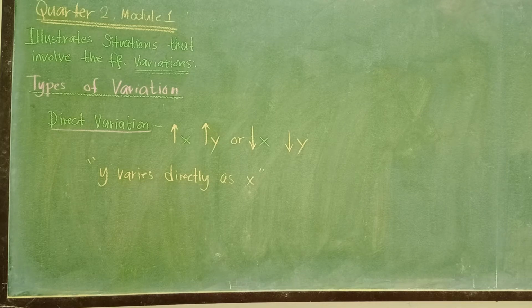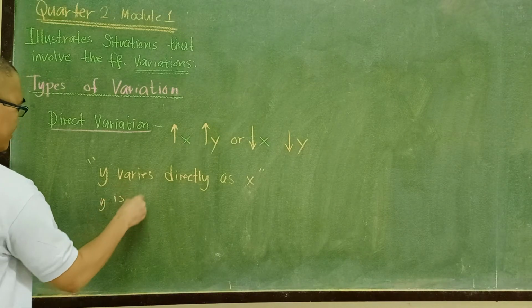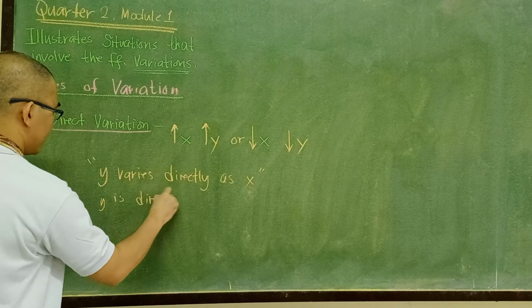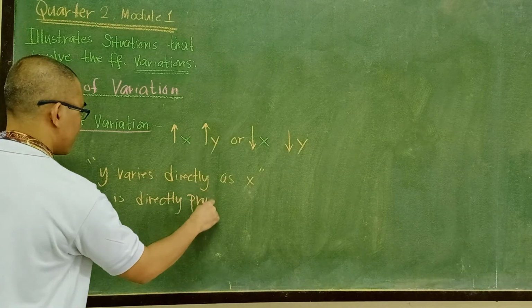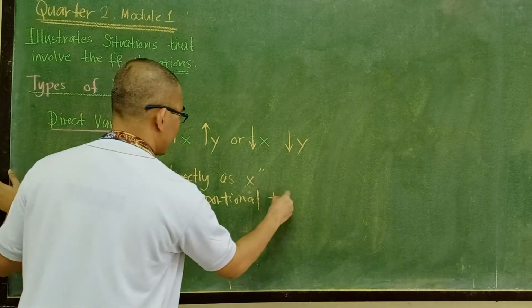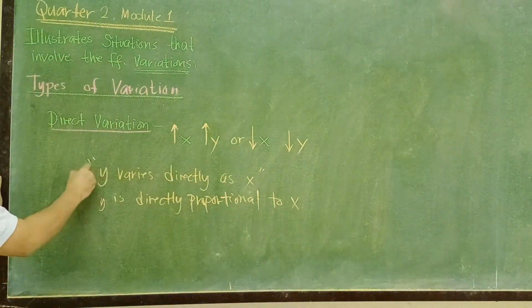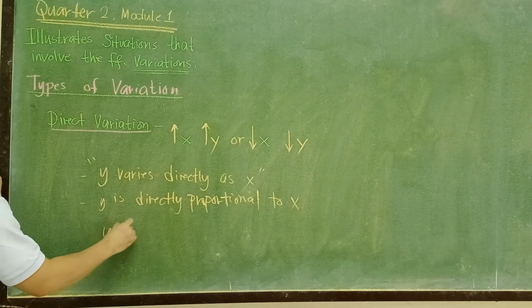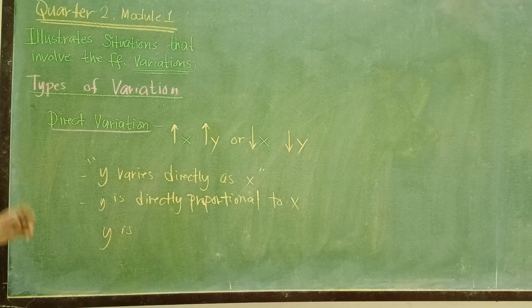Or, meron pang isa, y is proportional to x. Pwede din yan. Yan yung pangatlong way na pwede mo isulat. Y is directly proportional to x. Or, y is proportional to x.